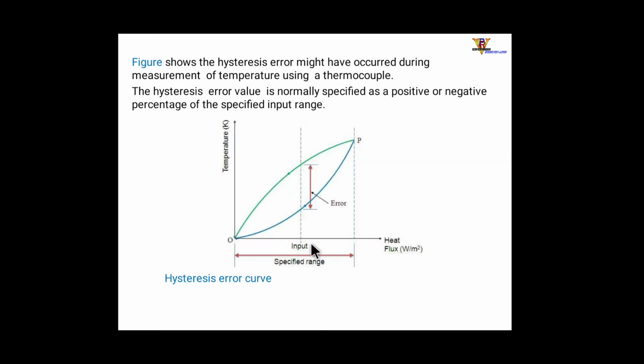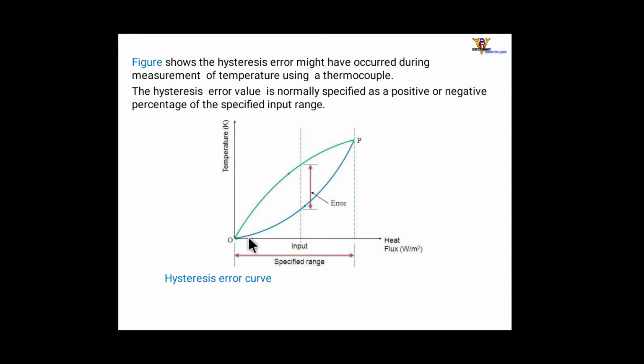Suppose this shows the hysteresis error for a thermocouple. A thermocouple is used to sense heat, and according to that heat it will provide us a temperature in Kelvin. Firstly we will increase our input, or increase the heat value, from a particular input value to the specified range.